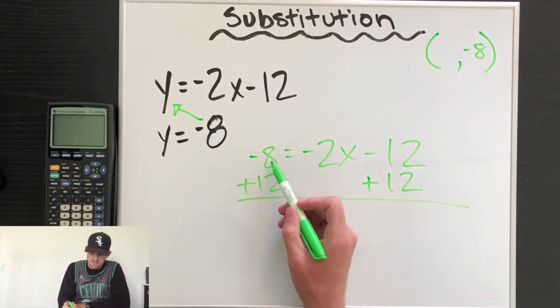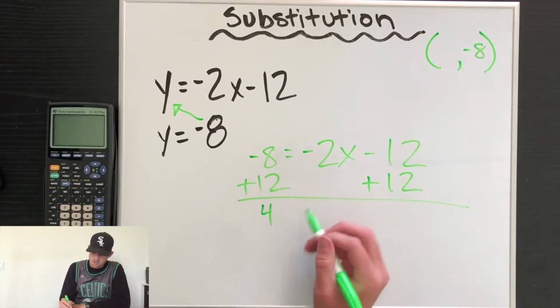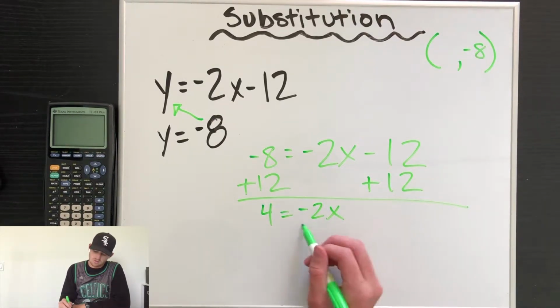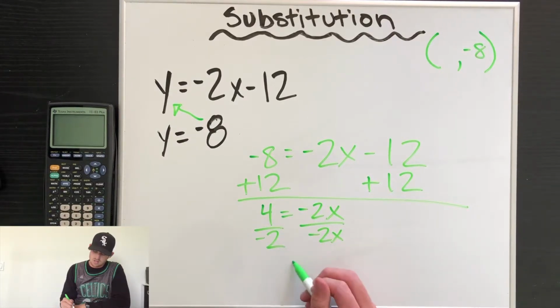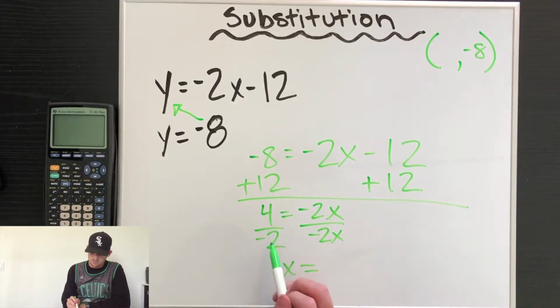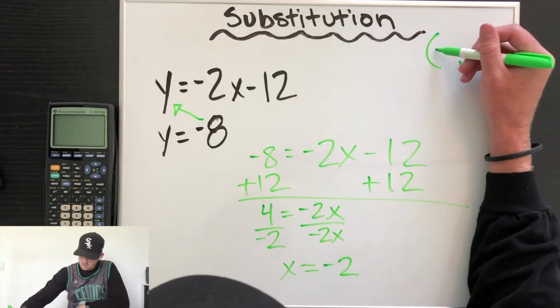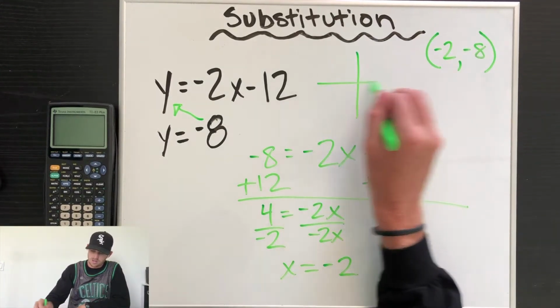So 12 minus 8 is 4. Take the sign of the bigger number, which is 12, which is positive. So it would be 4 equals, drop that down, -2x. Divide by -2, x equals 4 divided by -2 is -2. So that is where we're going to plot our point.